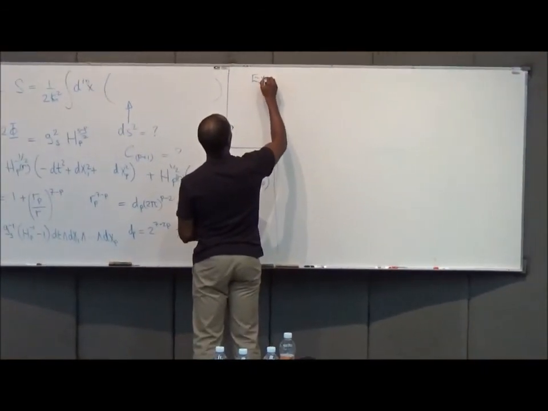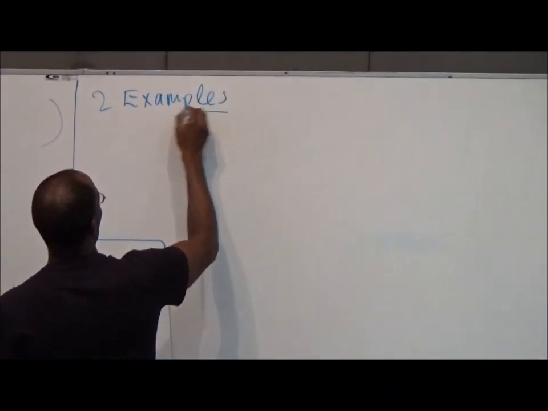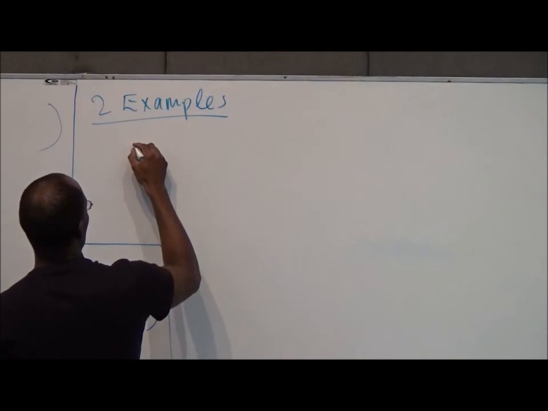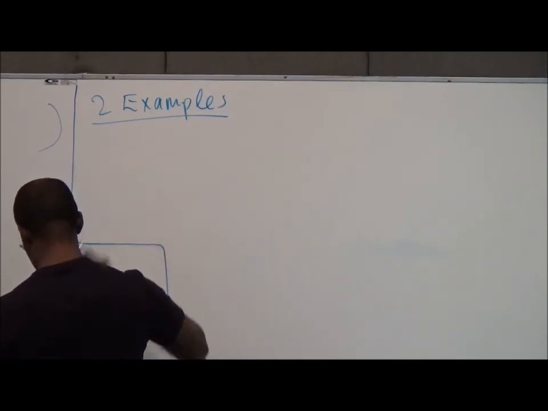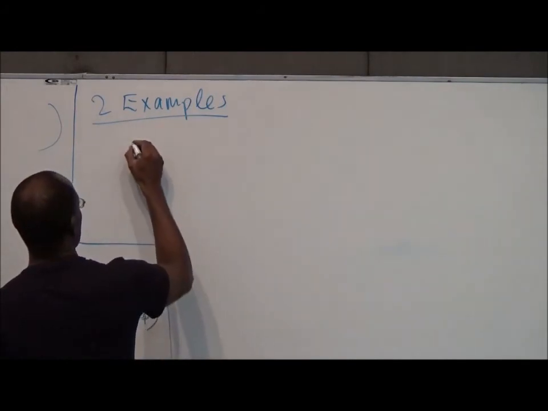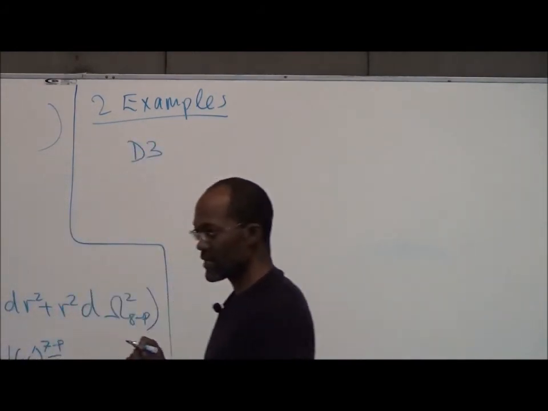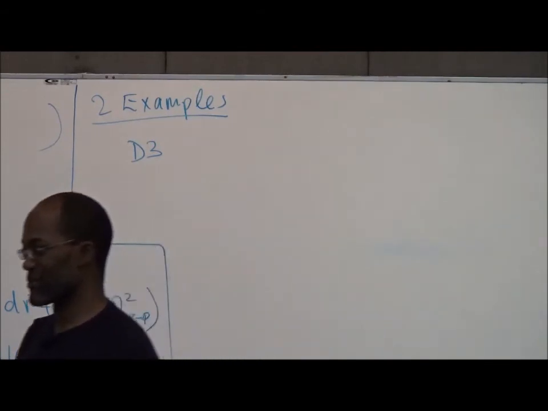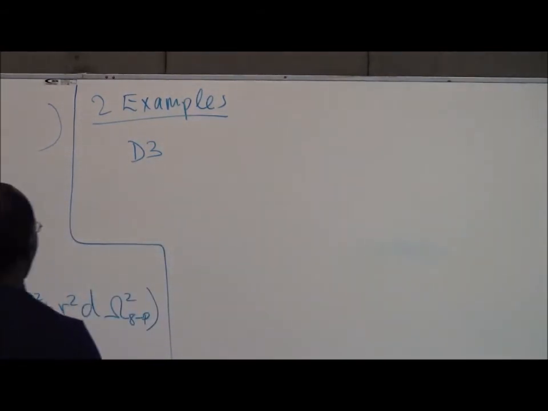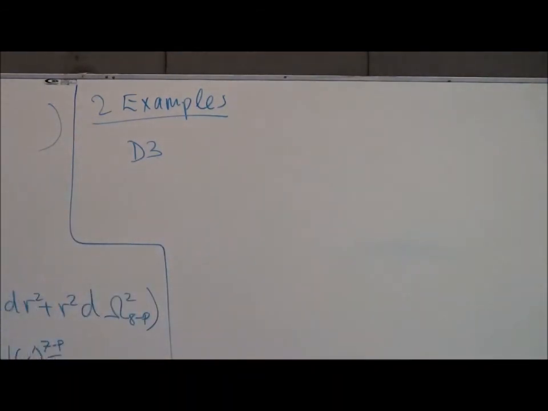So first, I want to just show you how you organize all of this, and I'm going to take an extra minute. That's okay. So before we leap ahead and get confused, let's just list everything for one particular kind of brane.